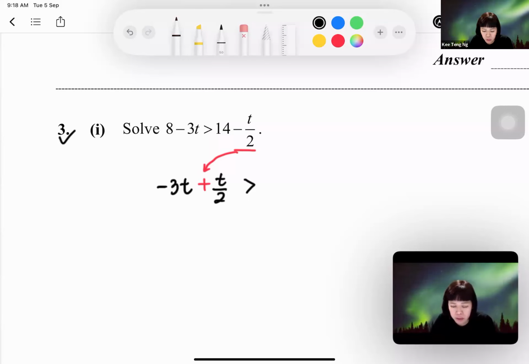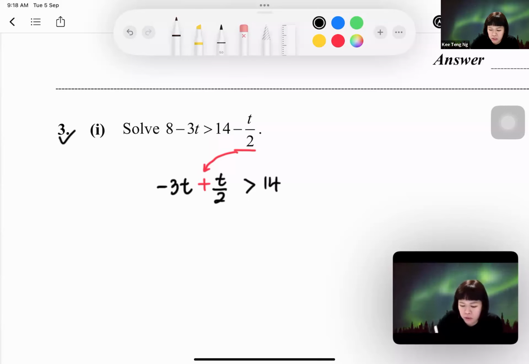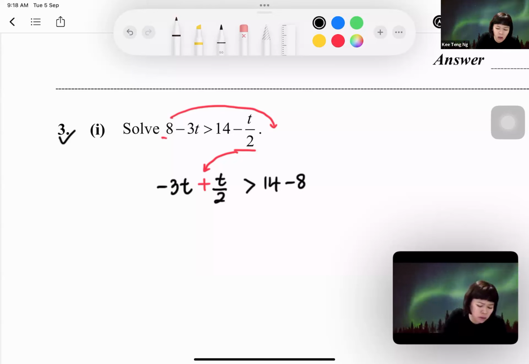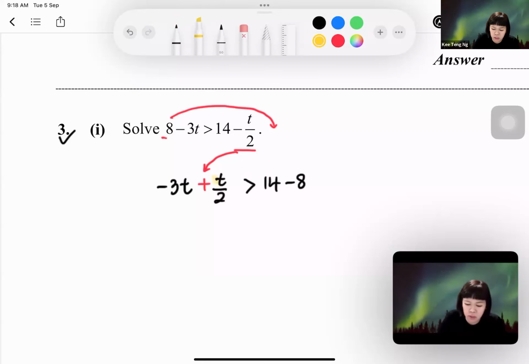No need to flip the inequality sign. Then this one will be 14. This one brought over here will be minus 8. So here I have negative 3. And how do students actually interpret this? This is actually 1 over 2t. So you take negative 3 plus 1 over 2.